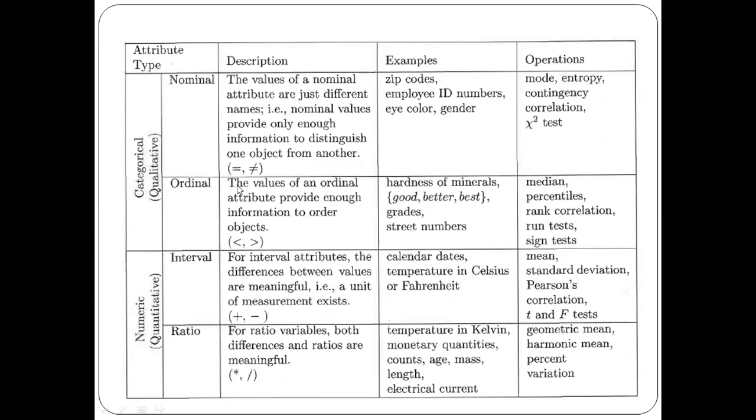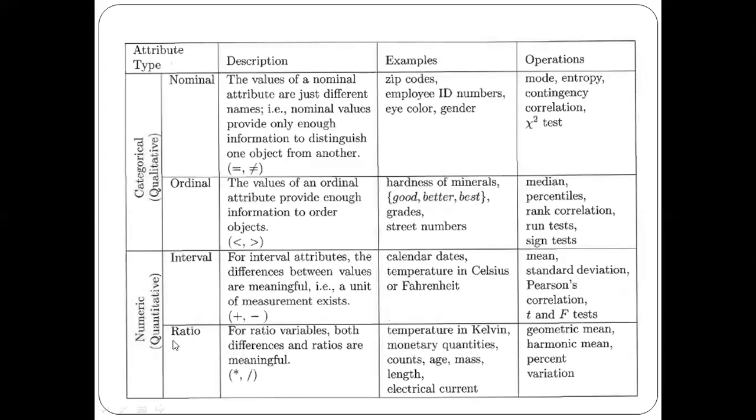One more thing is the operation which you are going to consider. For example, if some operation or property is valid for the nominal attribute, then it will also be valid for the ordinal attribute. In the same way, the property or operation which is valid for the ordinal attribute is also valid for the interval attribute.